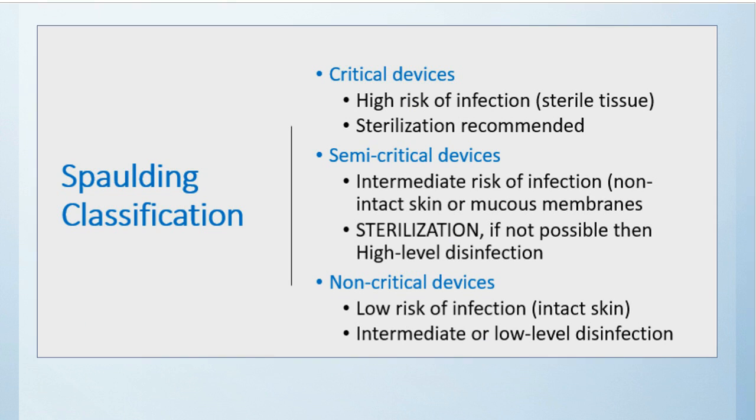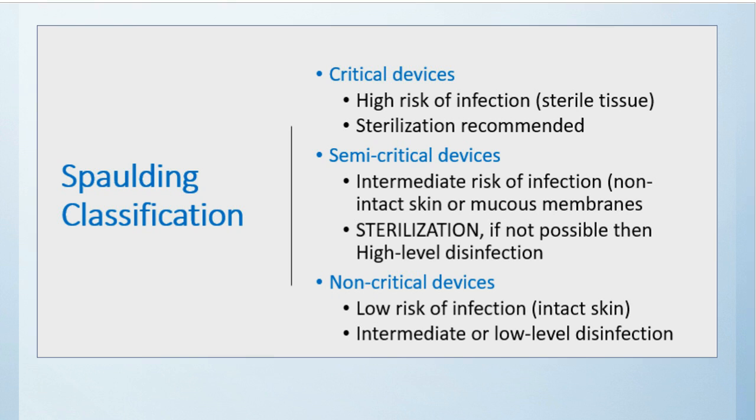Now, I do want to stress that as a group, we felt that we should be moving to sterilization, and we decided to re-stress the original Spalding classification system that said that your endoscopes are semi-critical devices that need to be cleaned and should be sterilized. So in routine circumstances, even our endoscopes should be sterilized.